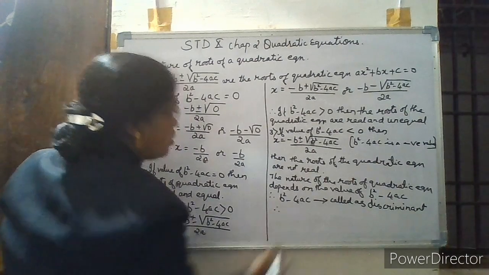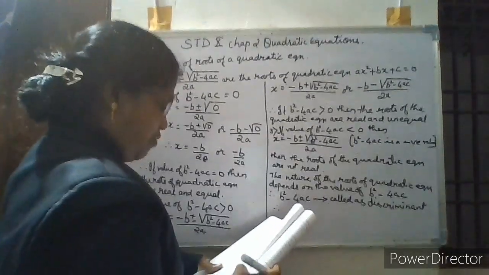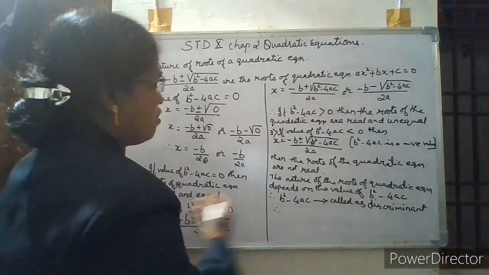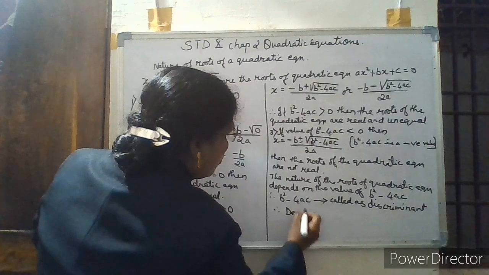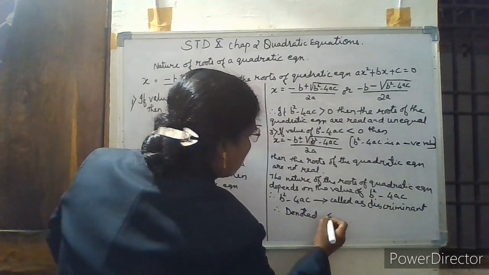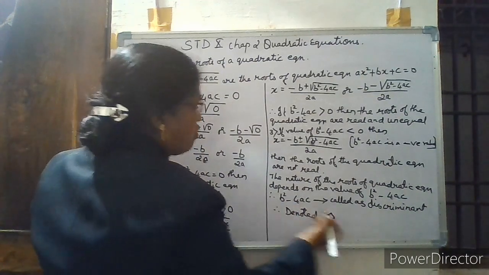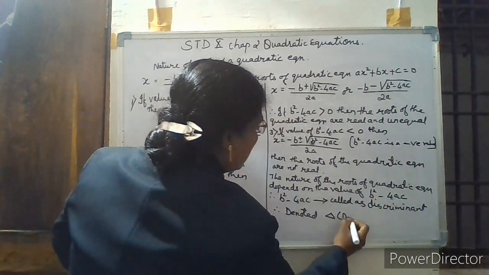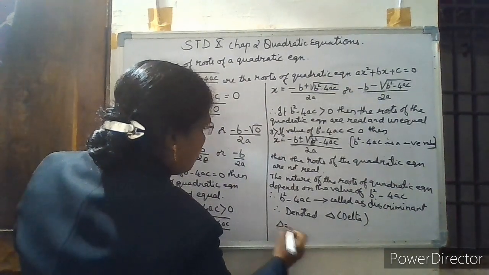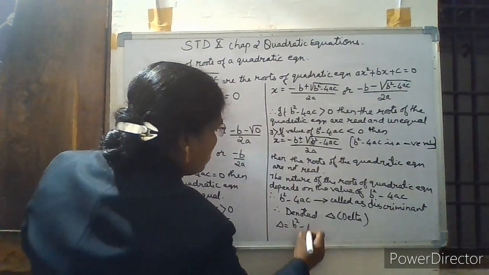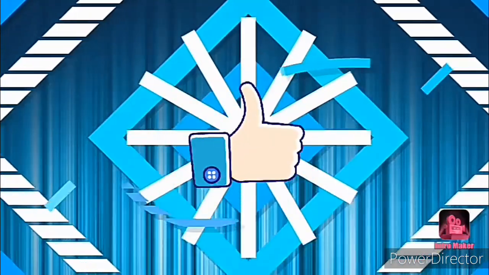In Greek letters, it is called delta, denoted by a small triangle shape. This is known as delta. That means delta is equal to b squared minus 4ac.